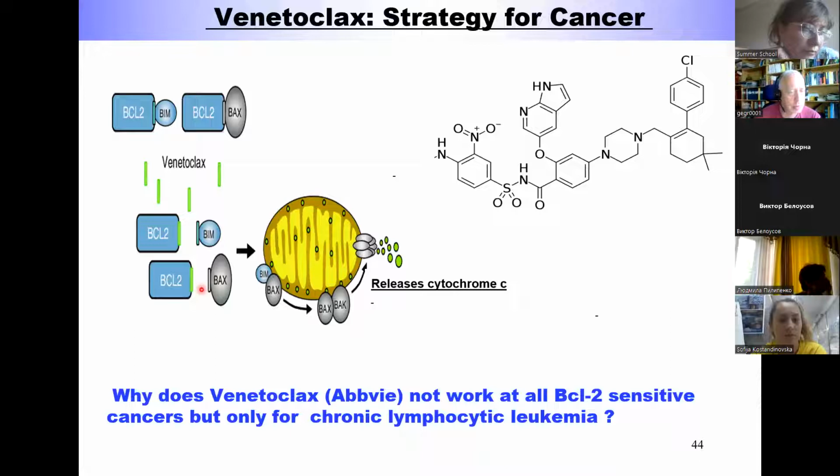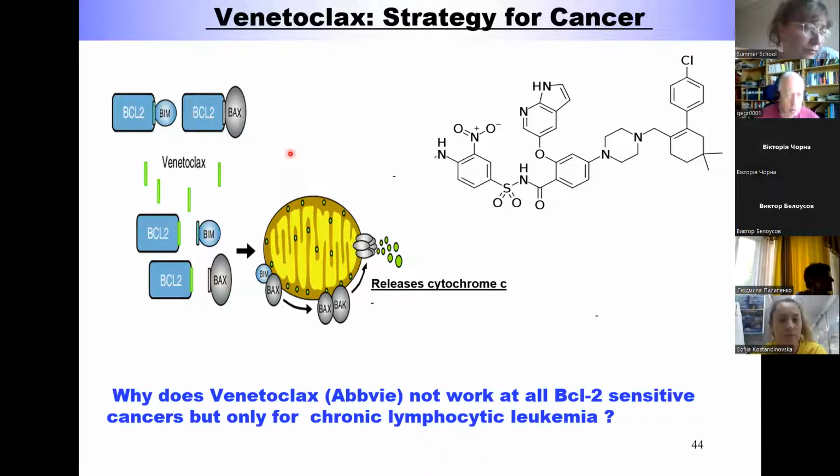This is where companies look. They want a cancer drug which dissociates this complex so that BAX can go to the mitochondria and make a pore and is not neutralized by BCL2. I think around 50% of all cancers have some BCL2 involvement. We found in a lot of non-treatable cancers a big overexpression of BCL2.